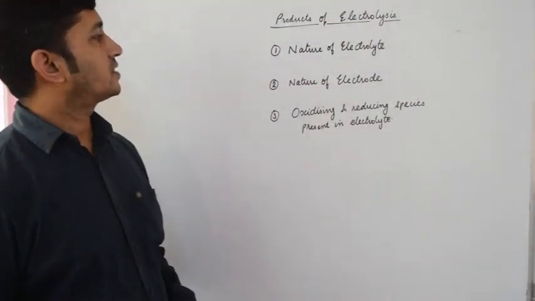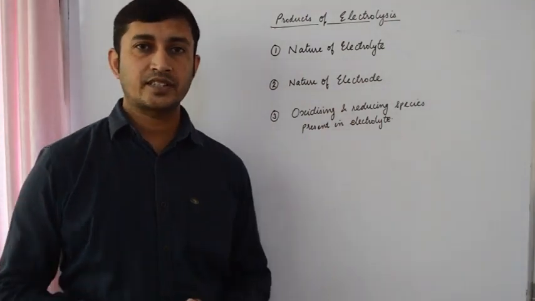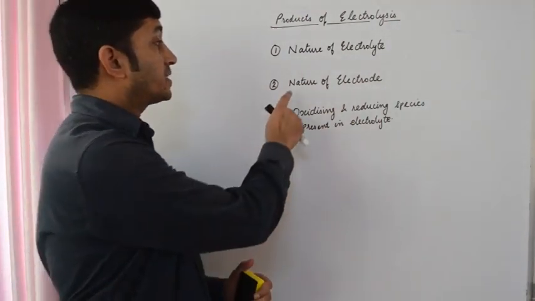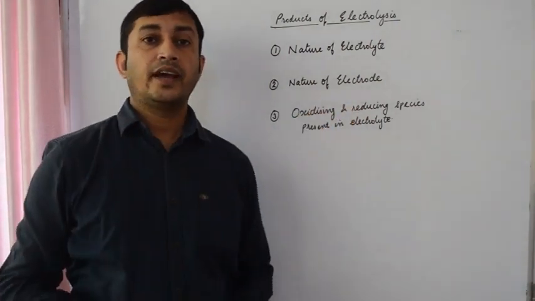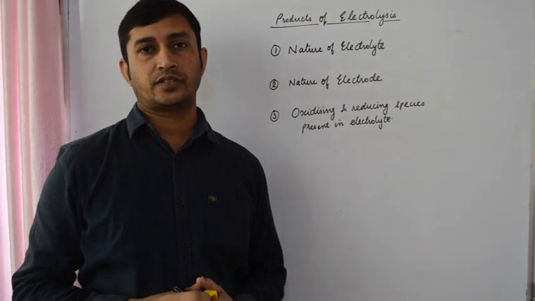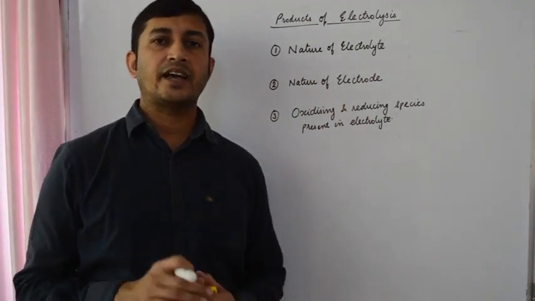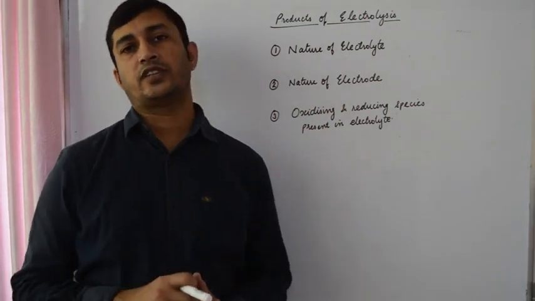The product of electrolysis depends upon the nature of the electrolyte which is electrolyzed. Second, it depends upon the nature of the electrode. Electrodes can be of two types, inert or active electrodes. Inert electrodes do not participate in the reaction. They just act as a source or sink for the electrons.